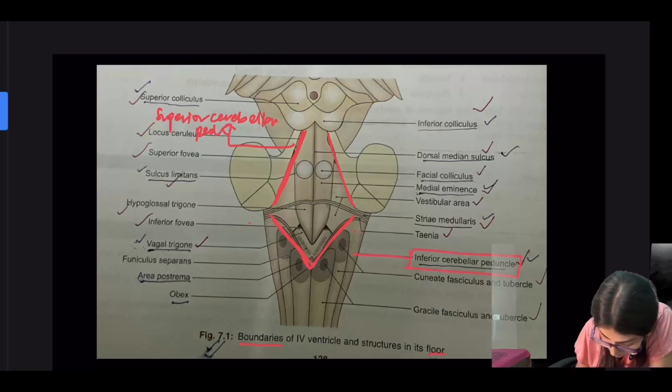Mainly this part is known as the medulla, and this is known as the pons.